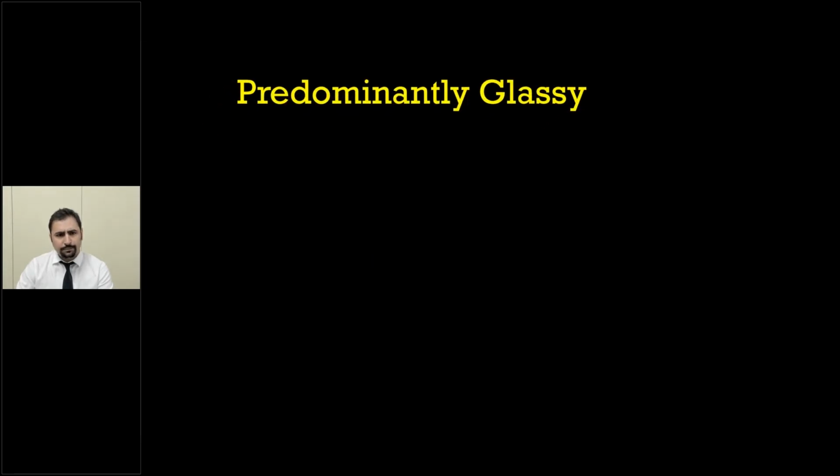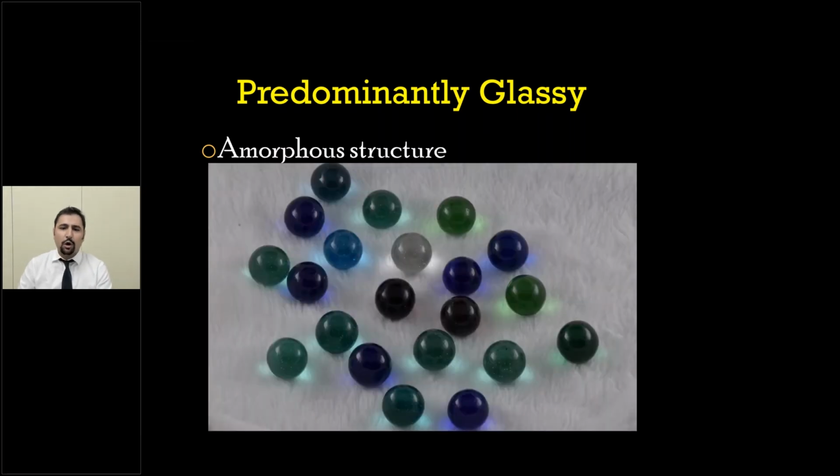Let's talk about predominantly glassy ceramics. They have an amorphous structure. It means that they don't have structured phases within themselves. If we assume these marbles are the molecules of the ceramic, they are distributed in a very random way. So they're not creating a pattern, in other words.